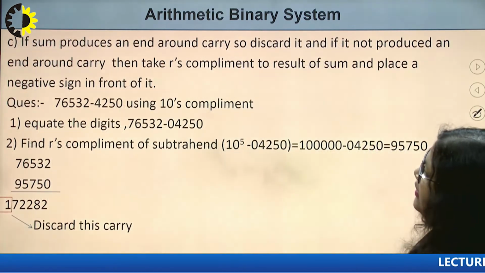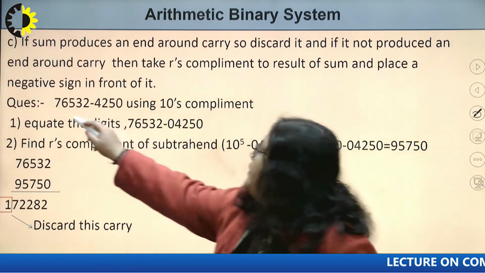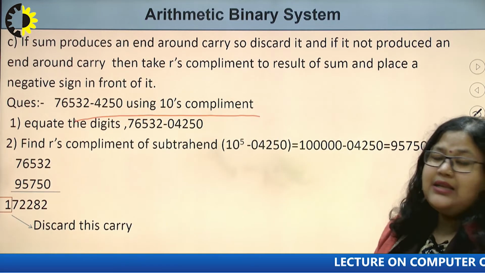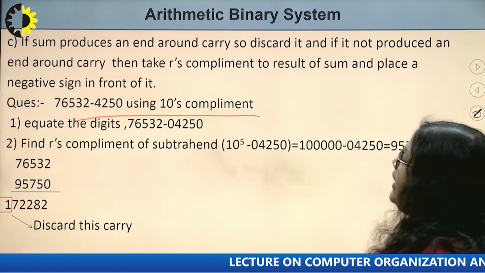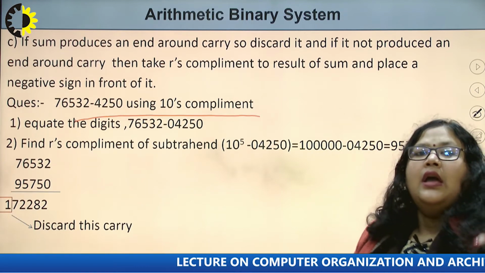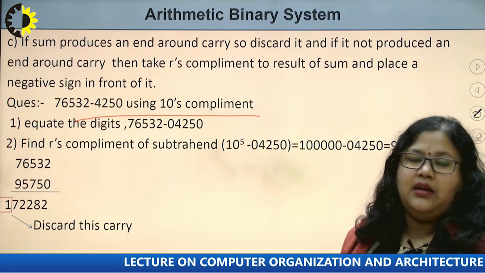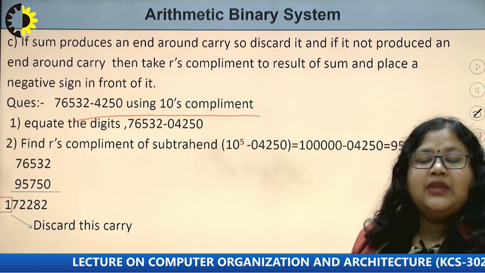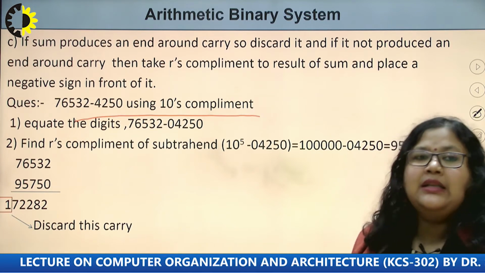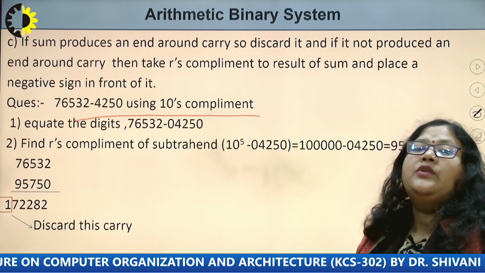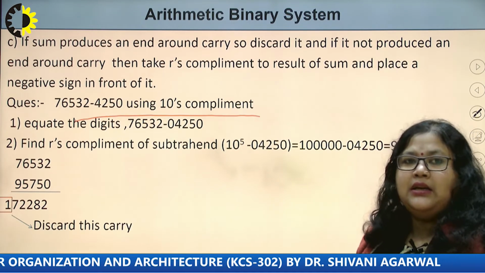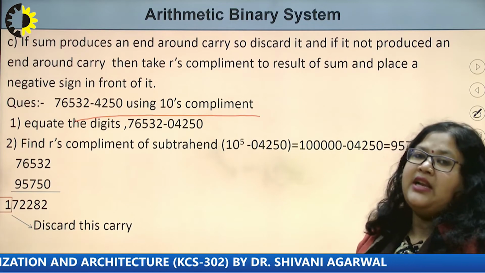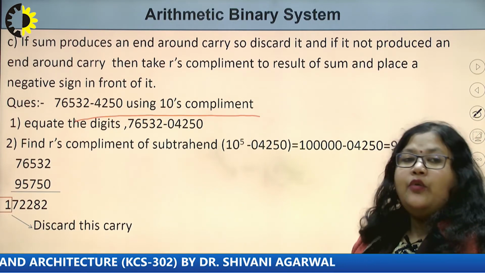And the last rule is that if the sum produces an end around carry, we discard this carry. If the sum does not produce any carry, then take the r's complement of the result and put a negative sign in front of it. So how do we solve this question?